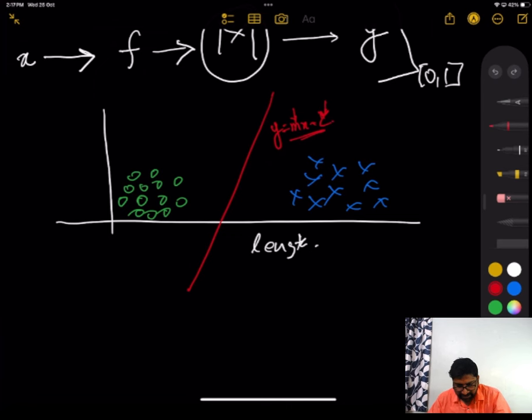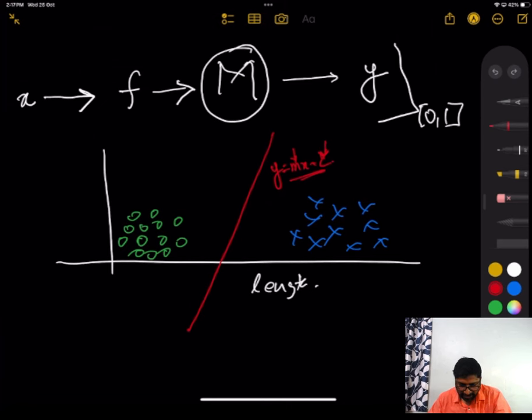So in machine learning, we are identifying what are the best features which can separate category A from category B. Here learning is involved, and this learning is done based on the available data.